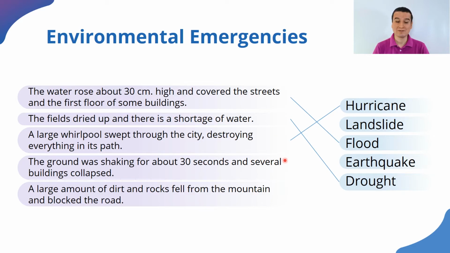The ground, like the soil, the surface of the earth, the ground was shaking for about 30 seconds and several buildings collapsed. Yes, that is caused by an earthquake. And the last one that we have here, a large amount of dirt and rocks fell from the mountain and blocked the road.